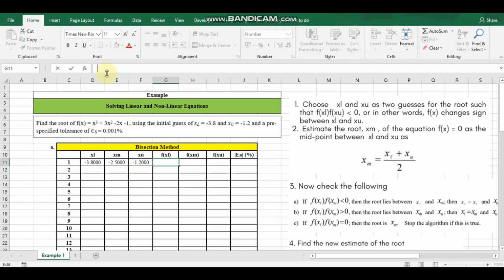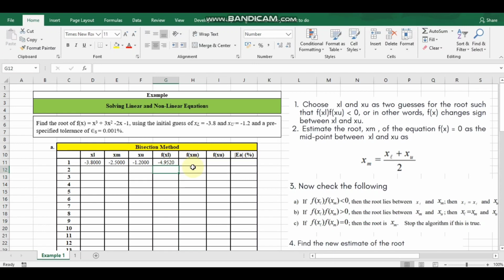We'll substitute this: XL cubed plus 3 times XL squared, then minus 2 XL, minus 1. Then we have an answer of negative 4.9520.